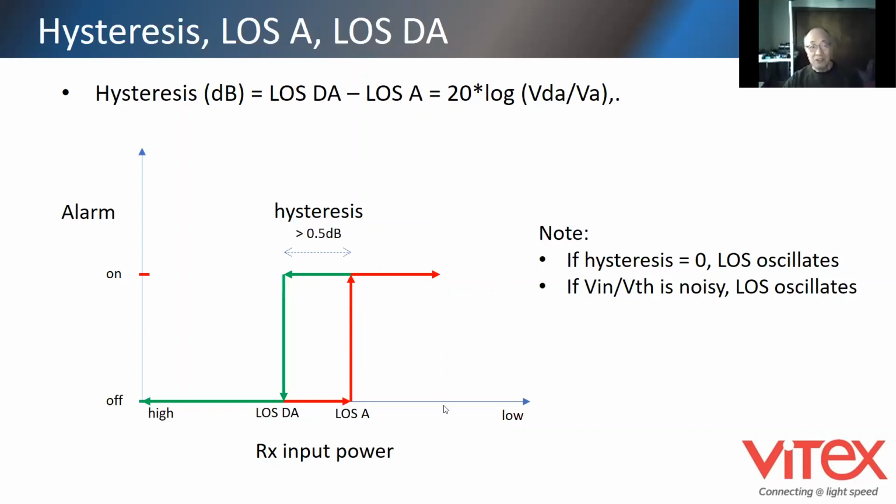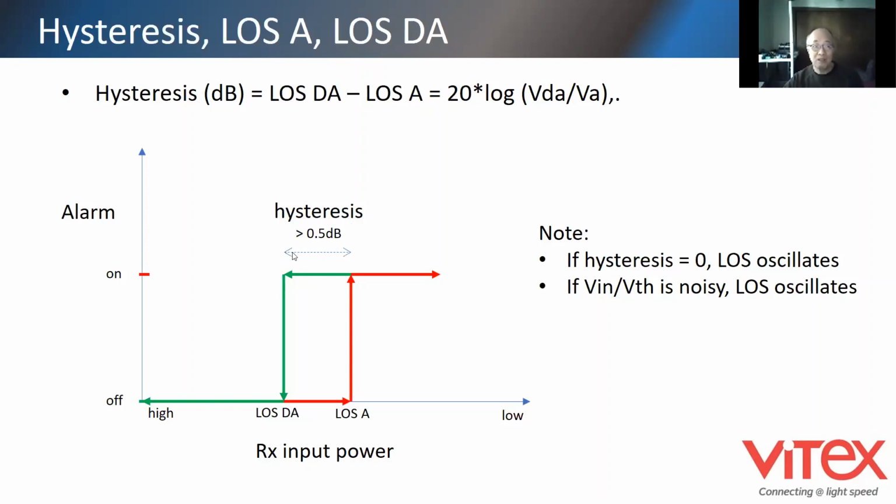Right? The way to get it back, to go through the hysteresis, is when you start to increase power from very low to higher power, and it goes through this cycle, and then it will pass LOS assert, and go to what the hysteresis is defined, which is half a dB as the minimum level.